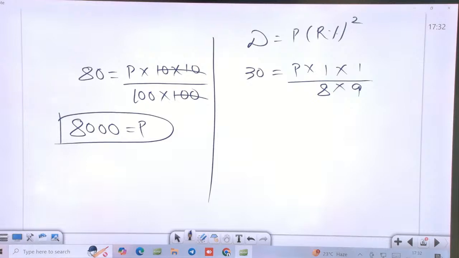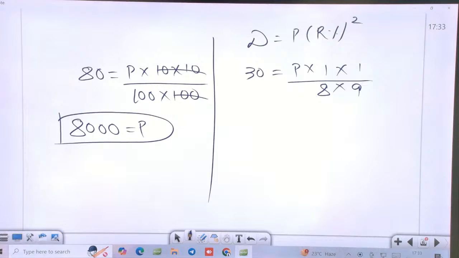The difference between CI and SI for 3 years at the rate of 10% per annum is 155 rupees. Find the sum. The question is from CHSL 2019.